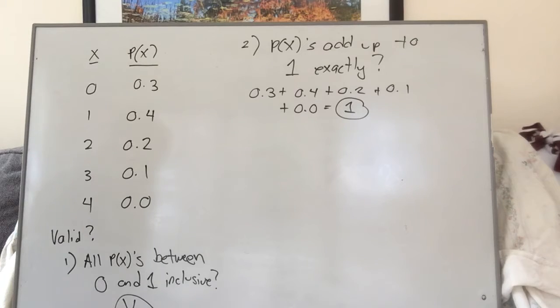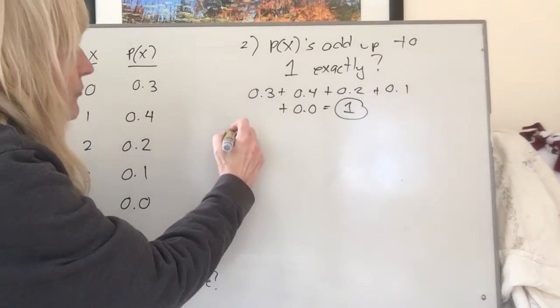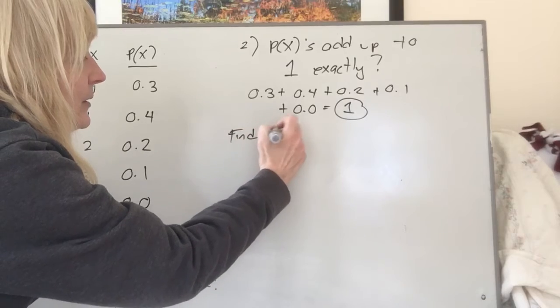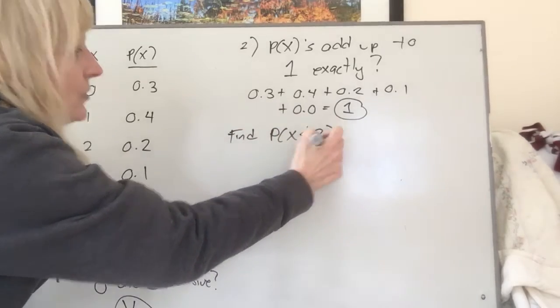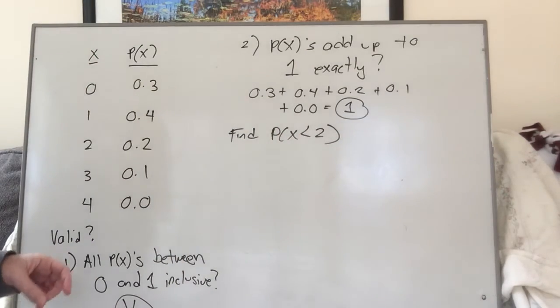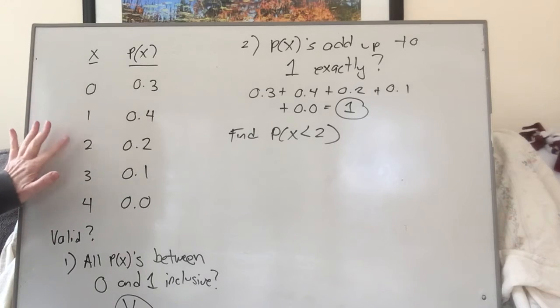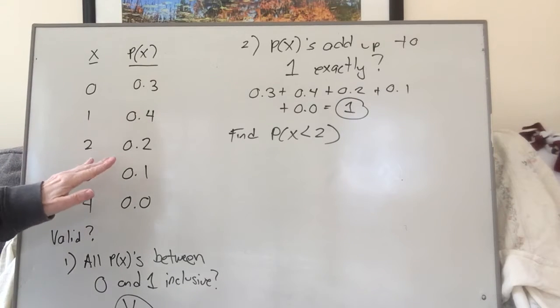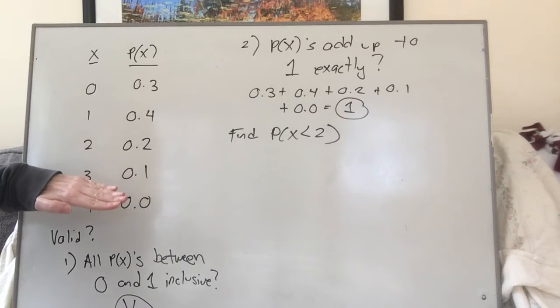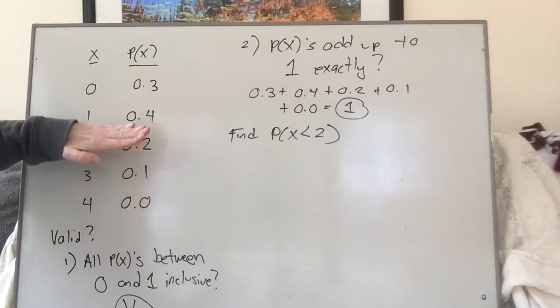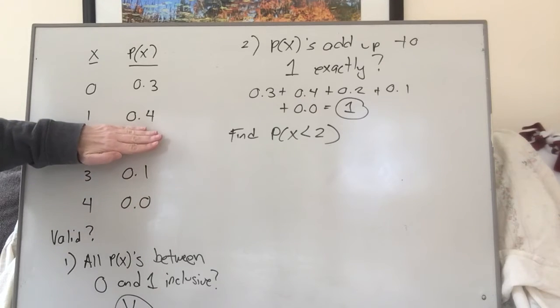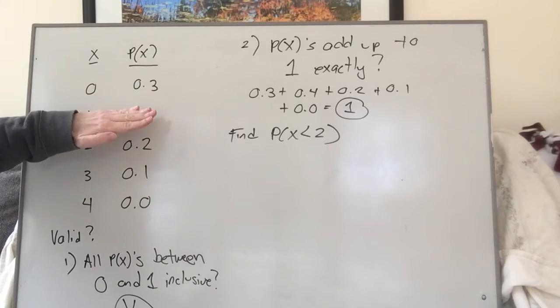Then I might ask you some other ones, like what if I asked you to find the probability that x is less than 2? How do we do that? Well, here's the probability of 2. They want the probability that x is less than 2, so it doesn't include 2. So you have to add up all the probabilities that are less than 2.